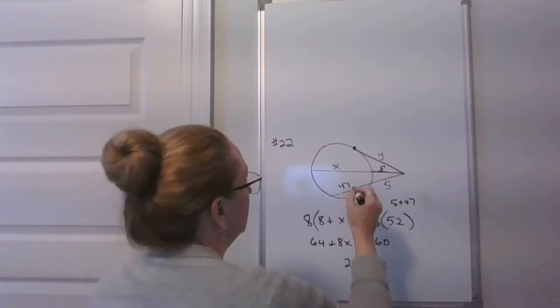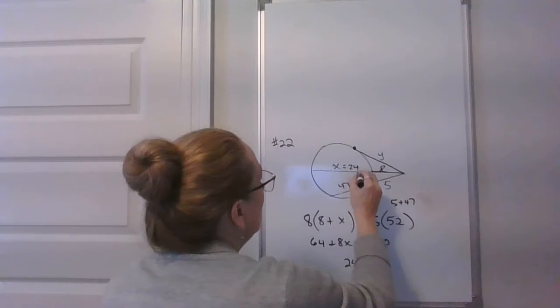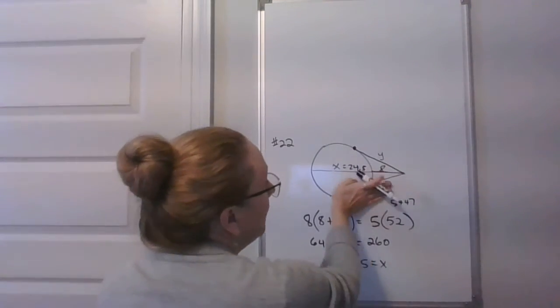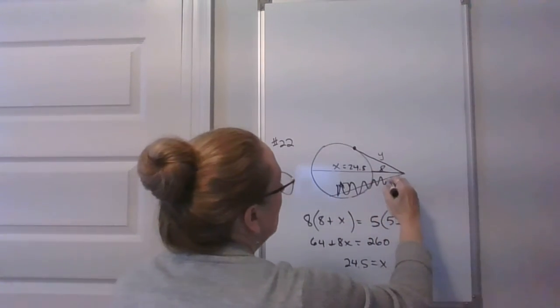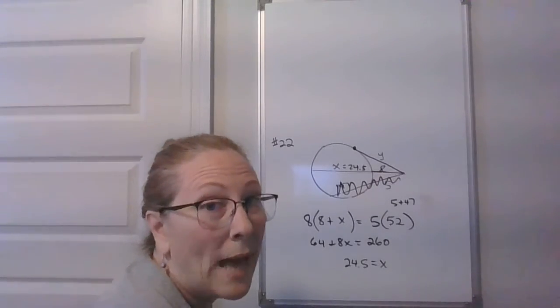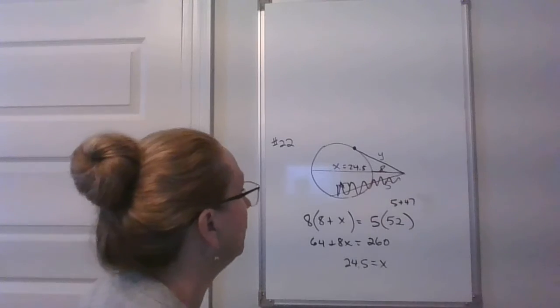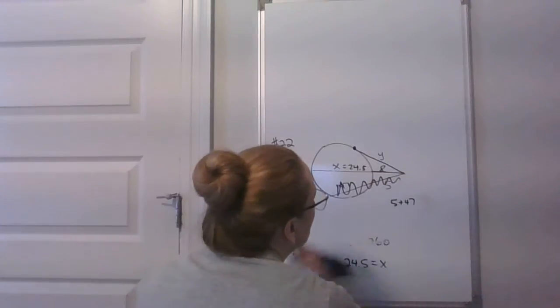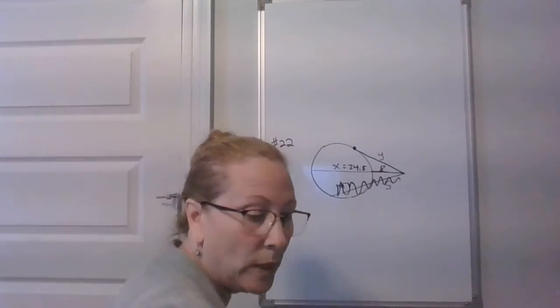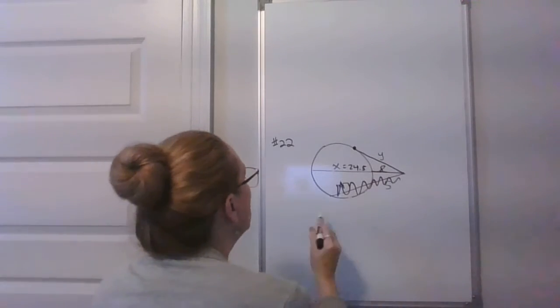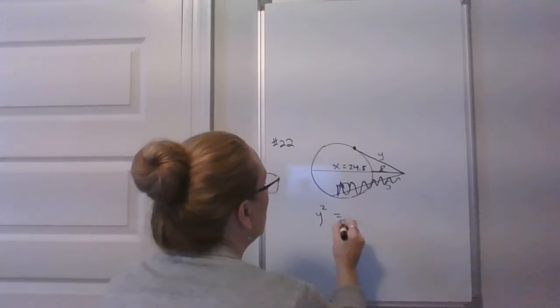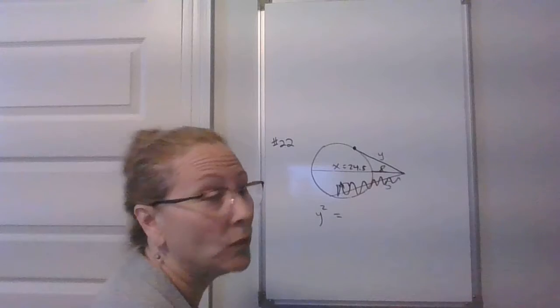Now, putting that in, let's pretend like this doesn't exist. We don't need any of that. When you have a pattern with a tangent and a secant, the pattern's a little bit different. When you have the tangent, all you have to do is square it on a side all by itself.